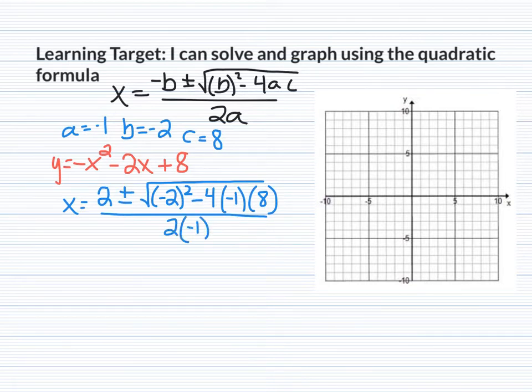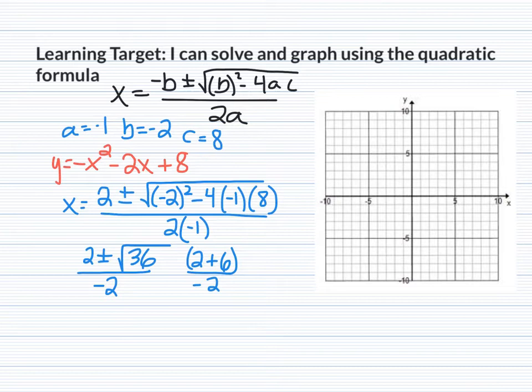Okay, I'm going to evaluate this on my calculator, and I've got 2 plus or minus the square root of 36 all over 2 times negative 1 is negative 2. Okay, so doing this on my calculator, I've got 2 plus, the square root of 36 is 6 over negative 2 in parentheses.